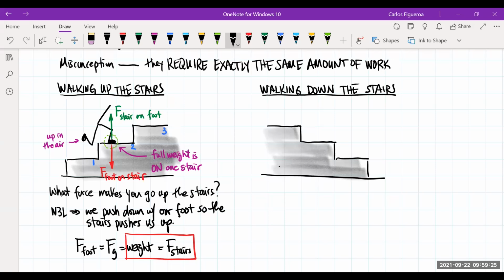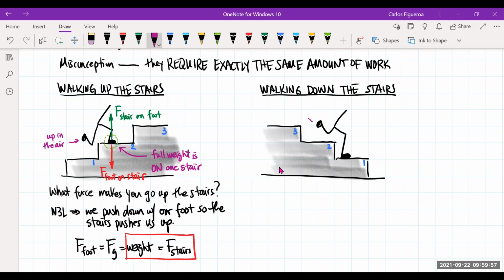Of course, my stairs now are labeled 1, 2, 3. And as I come down the stairs, again, your foot is fully on that one stair while your other foot is in the air.